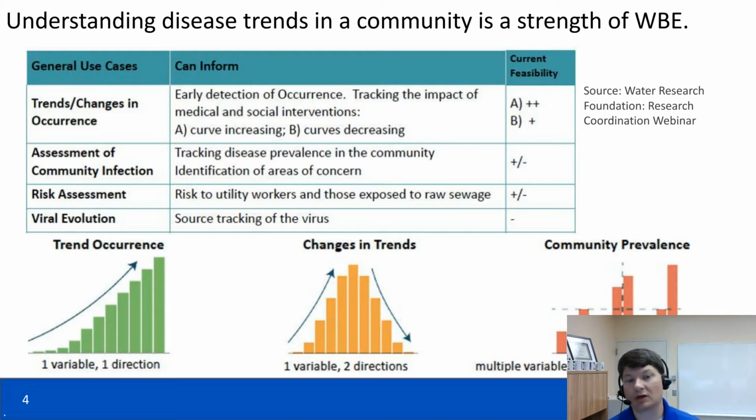But for the most part, what we can do when we look at the identity of variants in wastewater is we compare that to what the clinical community is studying, and what the clinical community has identified are the variants of interest. And so once the clinical community has identified those variants of interest, we often can go back into our wastewater samples and also look to see if we can identify those variants of interest.